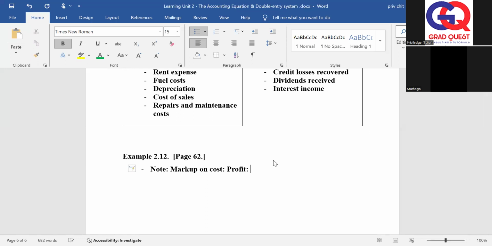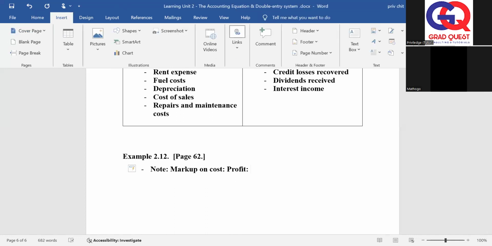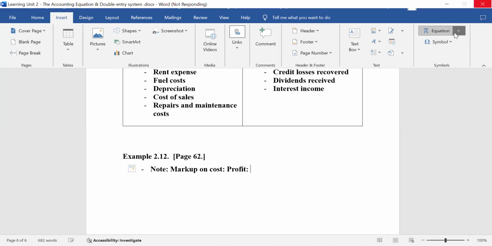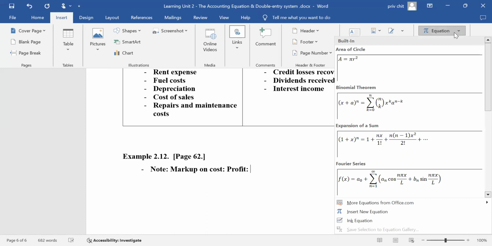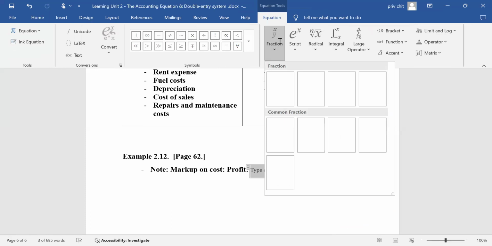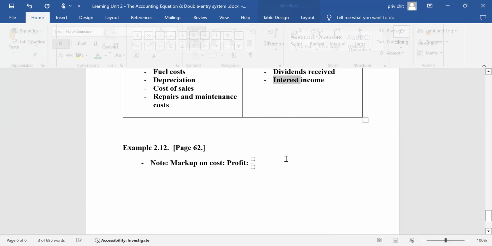I'll show you how the formula should look. Okay, perfect.